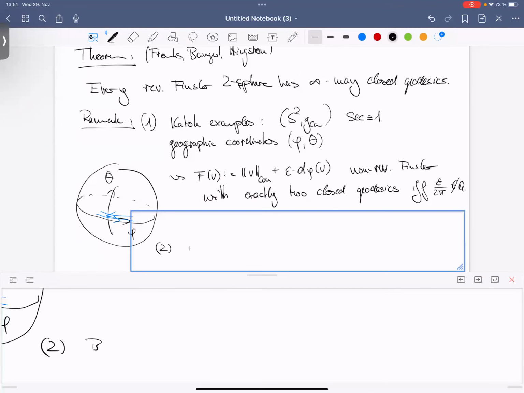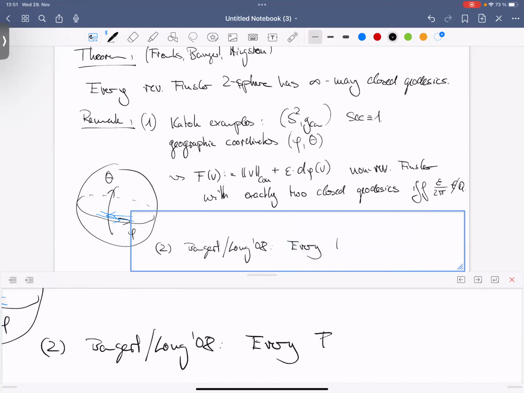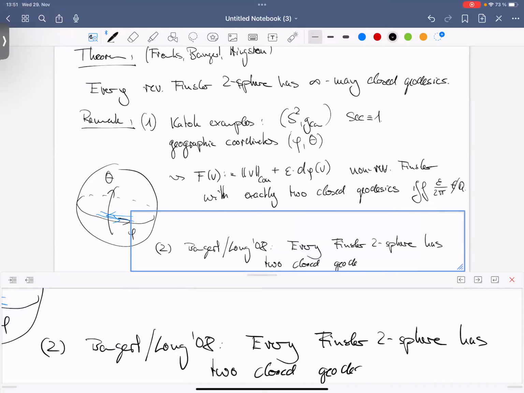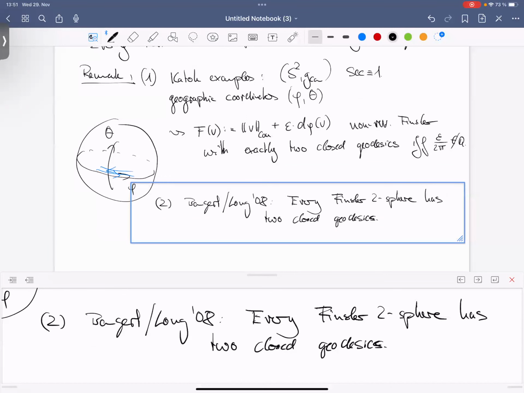And then it took until 2008 when Bangert and Long proved that every Finsler two-sphere, irrespective of reversibility or not, has two closed geodesics. And the method of proof here is a tour de force through the symplectic group.